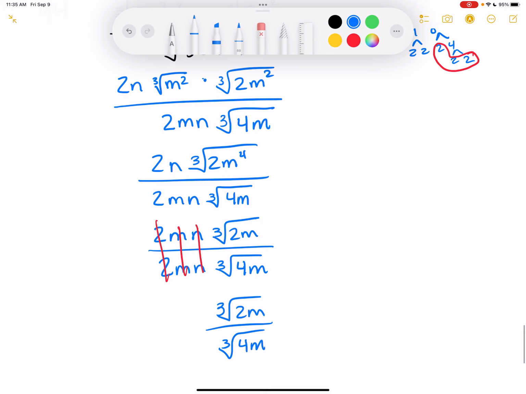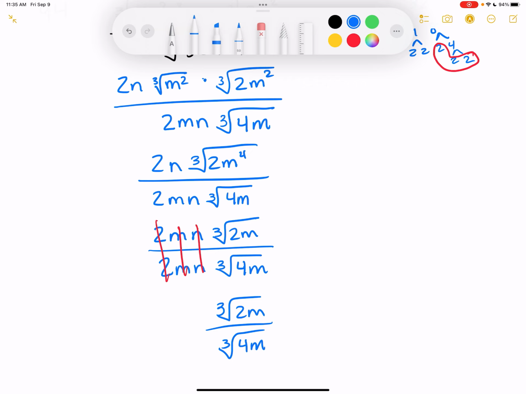We can't leave a radical on the bottom, right? But can't that reduce? Because 4 is... No, never mind. Well, what did we say is another way that you can rewrite a root?